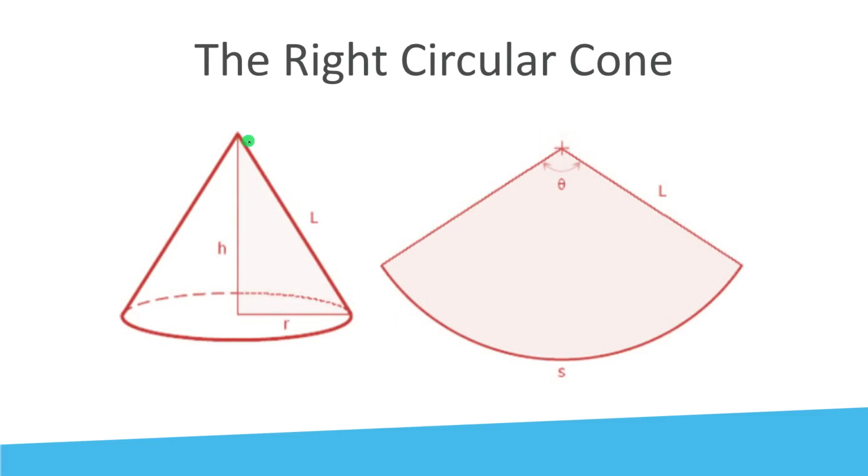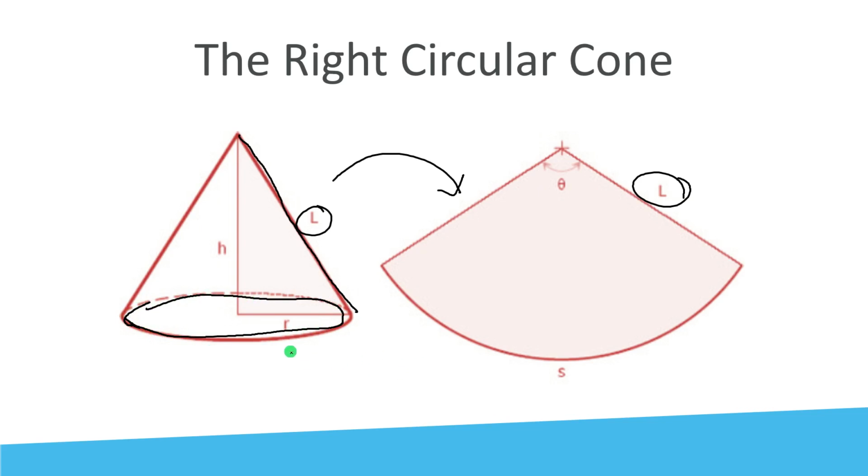So if this is the lateral side of that right circular cone, which is L, or the slant height, when we unroll that, that would be the equivalent radius of the sector, while the base circumference, or the perimeter of the base, will be equivalent to the length of arc of this sector of an unrolled cone.